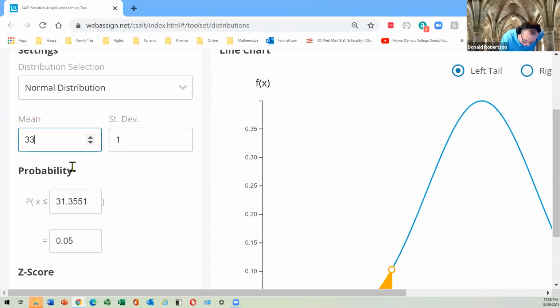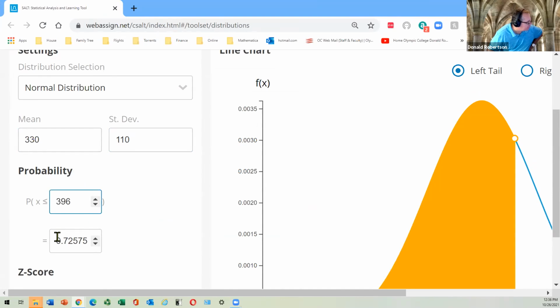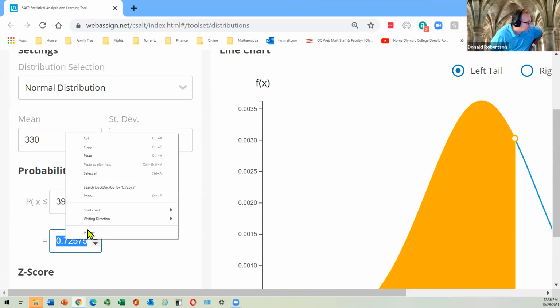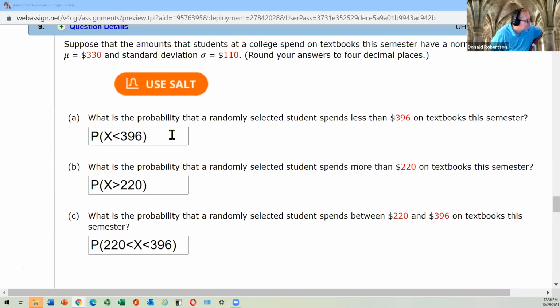And the mean was 330. And the standard deviation was 110. And the first one was less than 396, so left tail. And 396. And so the answer would be that guy to 4 decimal places.